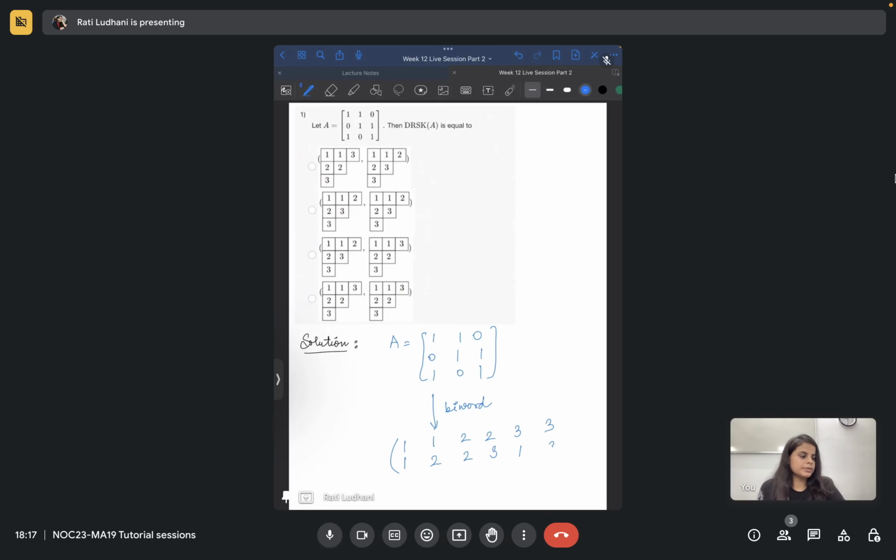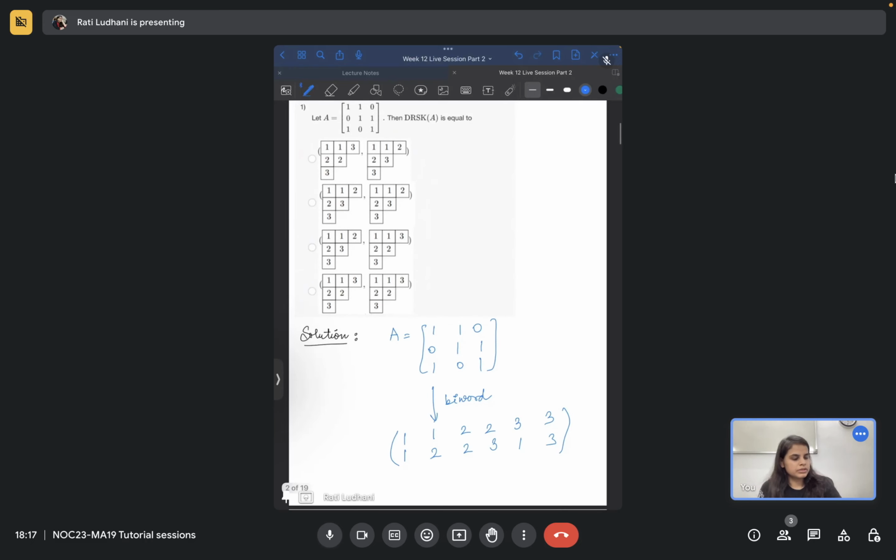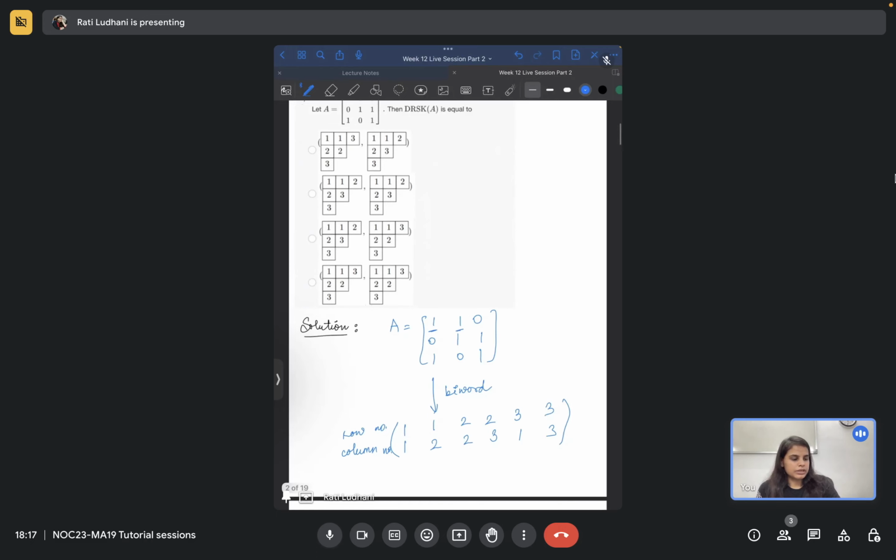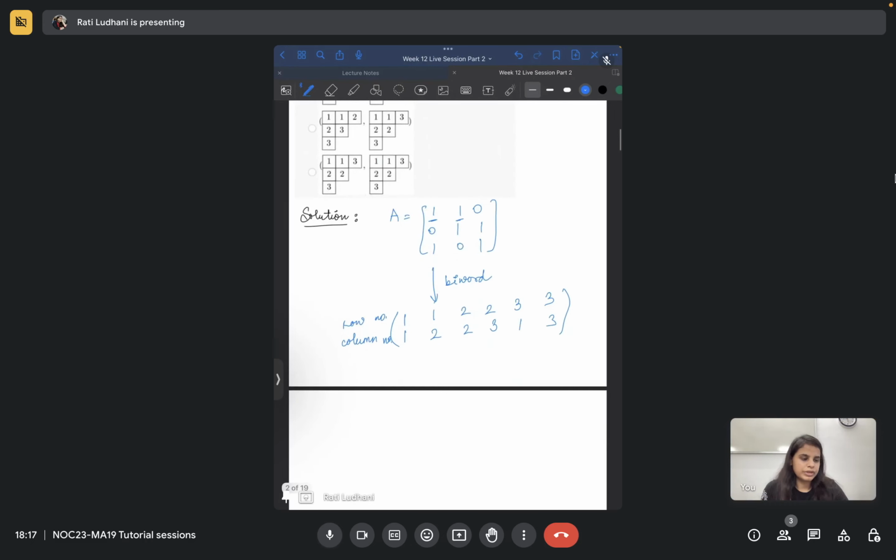So we just need to write the row number and the column number, and we repeat it as many times as the number is written. As this matrix is just 0 and 1, we just need to write whether it will appear or won't appear. Okay, so we have the bivector.